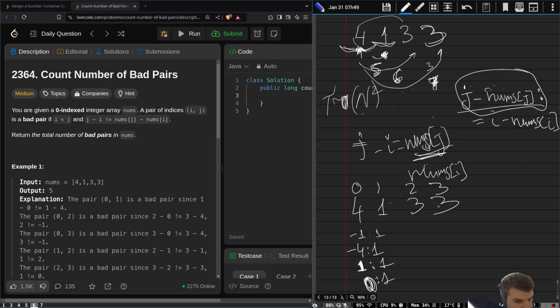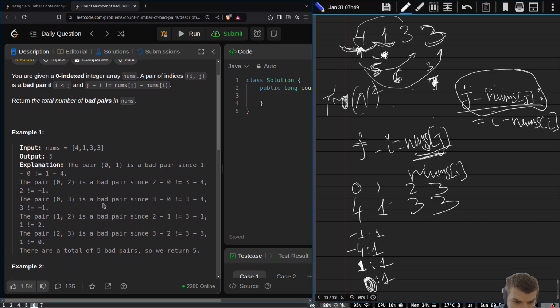So it has one. So there are a total of 6 pairs: 4 times 3 over 2 equals 6.